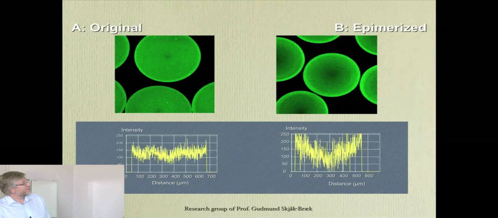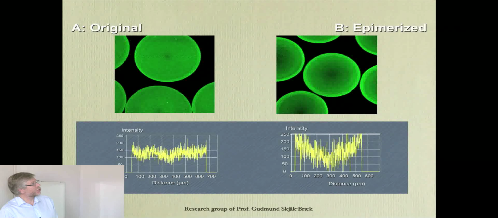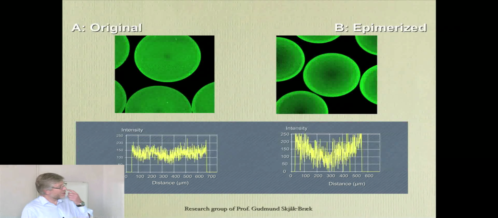This is an alginate bead where we have, by some tricks, made it quite homogeneous. Actually, too homogeneous for certain purposes. And here you can see the fluorescence intensity across the profile is fairly constant. A little dip in the middle.